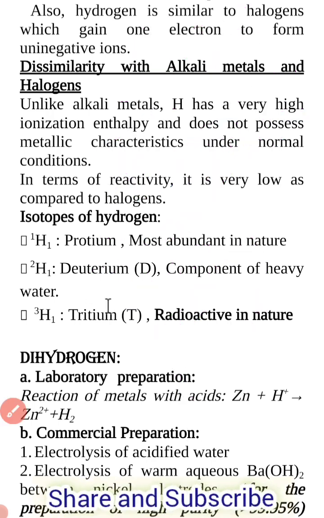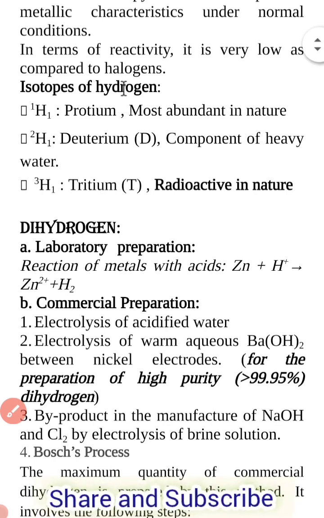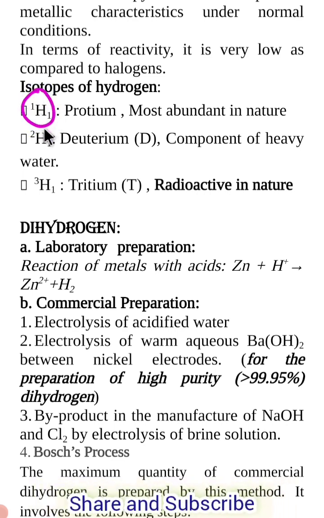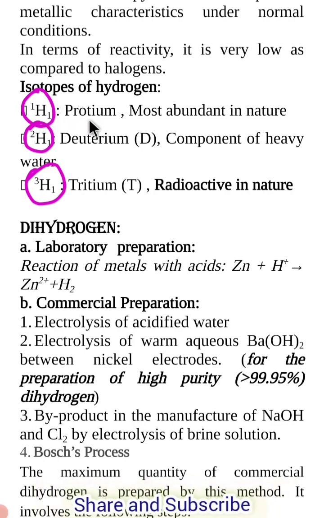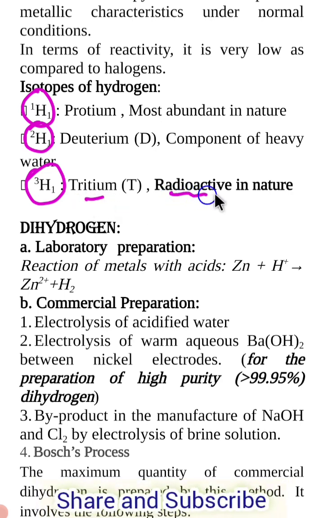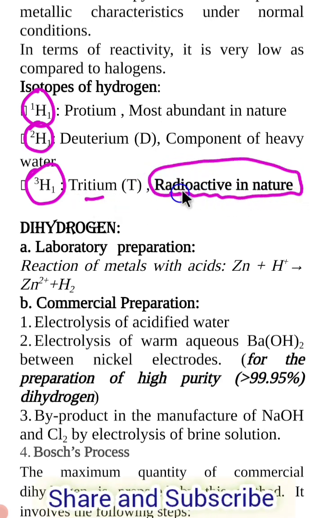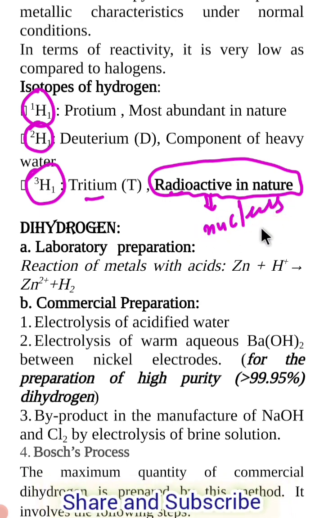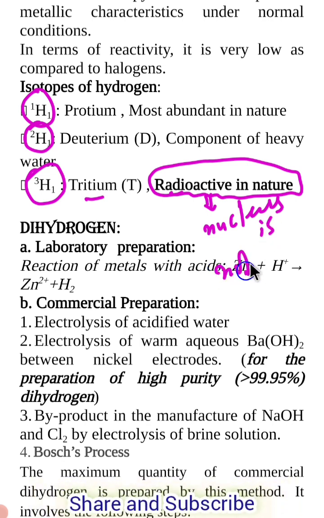Okay, after this let us move to isotopes. Hydrogen has 3 types of isotopes, which are H-1-1, H-2-1, and H-3-1. This is called protium, this is called deuterium, and this is tritium. Among these 3, tritium is a radioactive isotope of hydrogen, which means the nucleus of tritium is not stable.